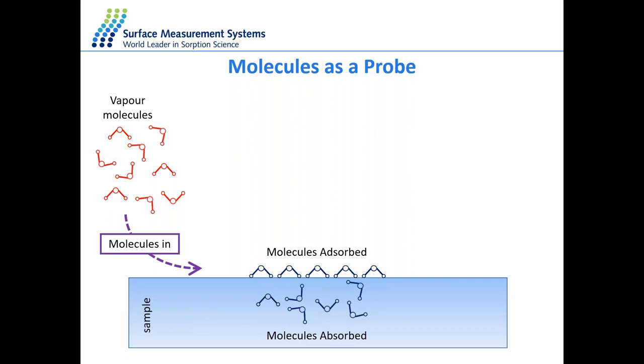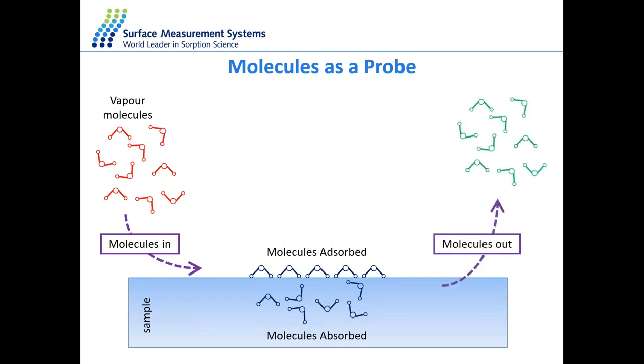If the molecule penetrates through the bulk of the sample, we usually refer to it as absorption. This process can be reversible or irreversible. And when we reduce the molecule around the sample, we technically dry the sample. And if the sample does not have a strong bonding interaction with the molecule that we introduce, we see a mass loss. We see a reduction of the mass of the sample.